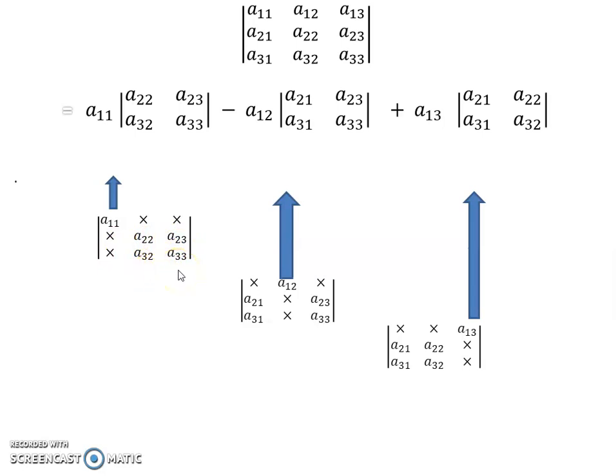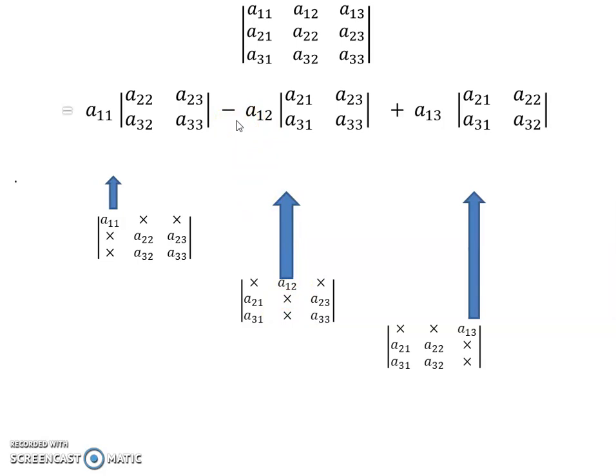Be clear? Now, the first row we have to skip, and now the second column we have to skip. What is the center element of that row and column? That is A12, the element available in the second column and first row. So A12 we should write here, and minus is always there.